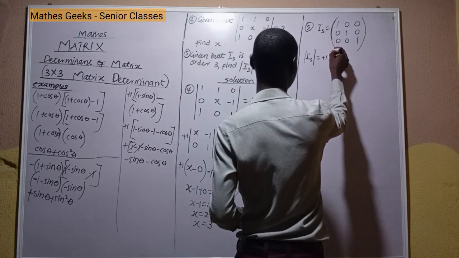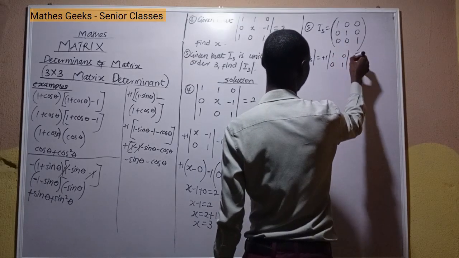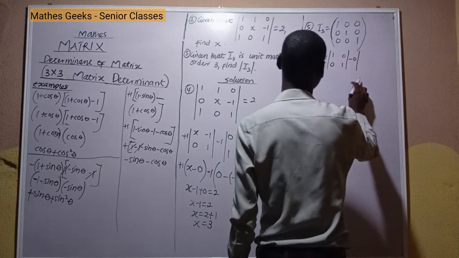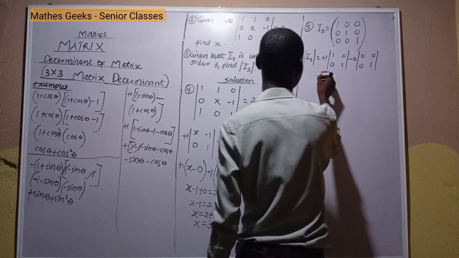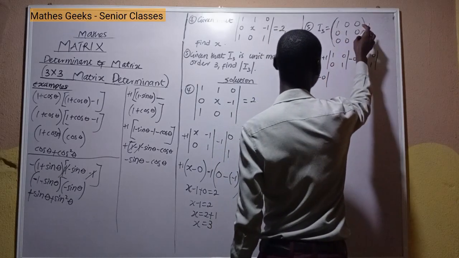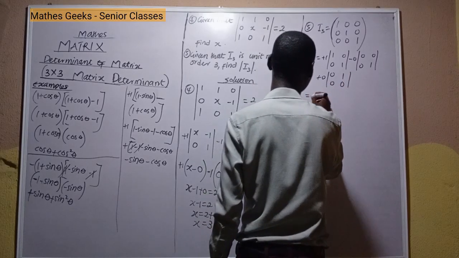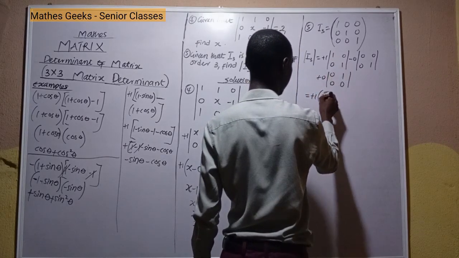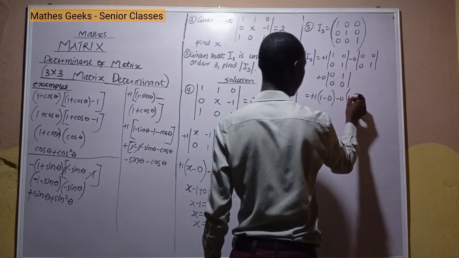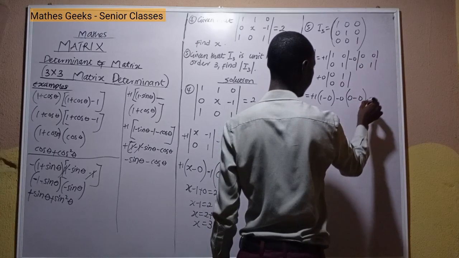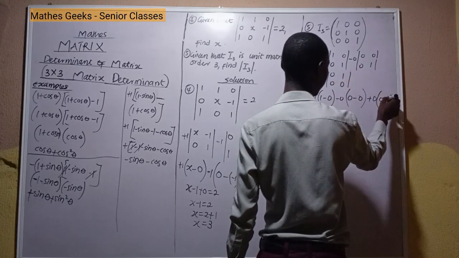Plus 1, first row, first column, [1, 0; 0, 1], minus 0, first row, second column, [0, 0; 0, 1], plus 0, first row, third column, [0, 1; 0, 0]. Plus 1, 1 times 1 is 1, 0 times 0 is 0, minus 0, 0 times 1 is 0, 0 times 0 is 0, plus 0, 0 times 0 is 0, 1 times 0 is 0.